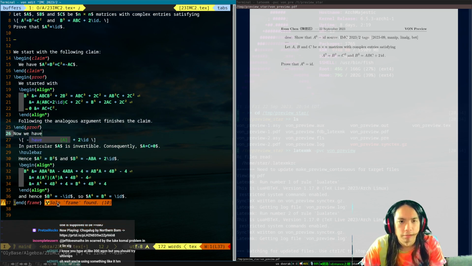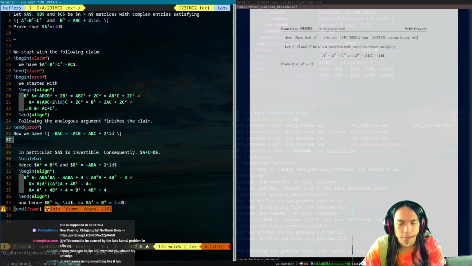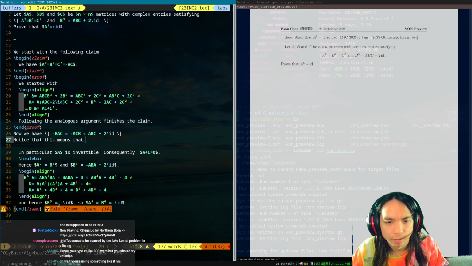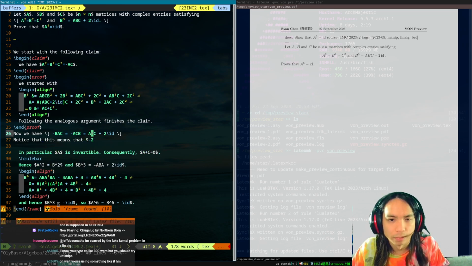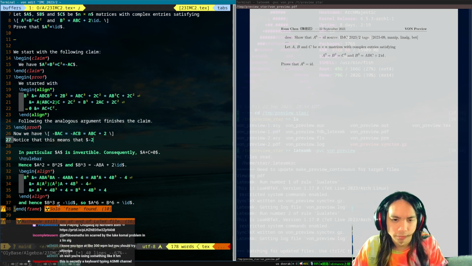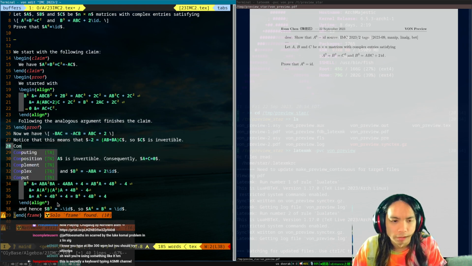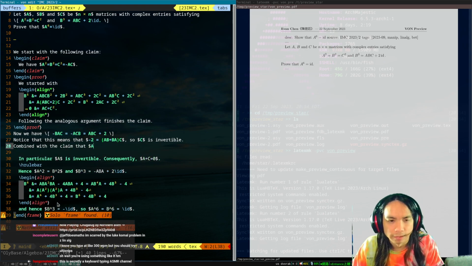Now we have, okay, so notice that this means that minus 2... I'm gonna leave off the IDs because I actually think they are distracting. It's 2 AB plus BAC, so C is invertible. Combined with the claim that AC plus C squared equals 0.